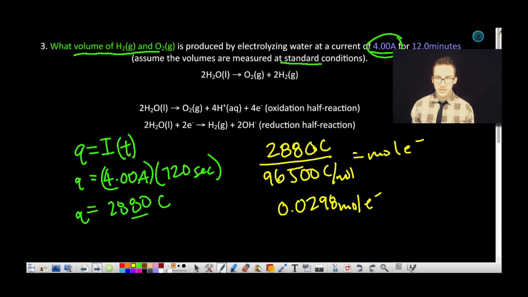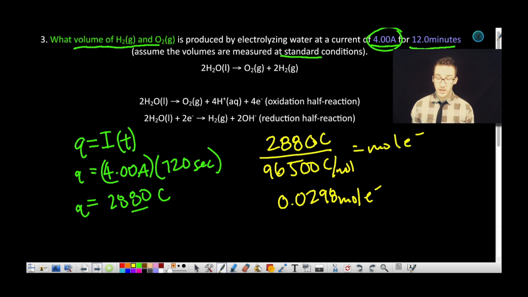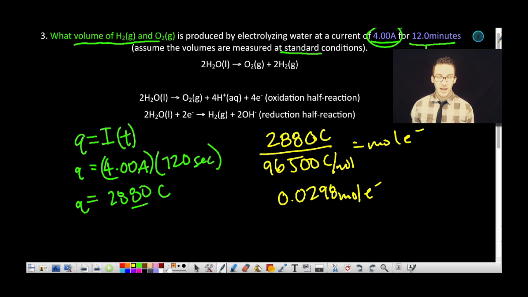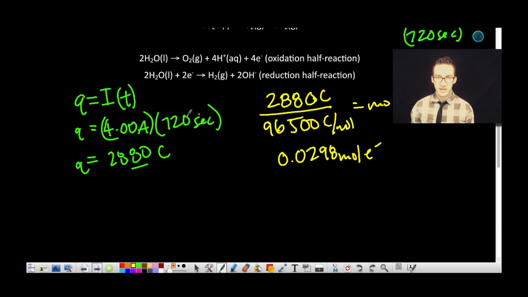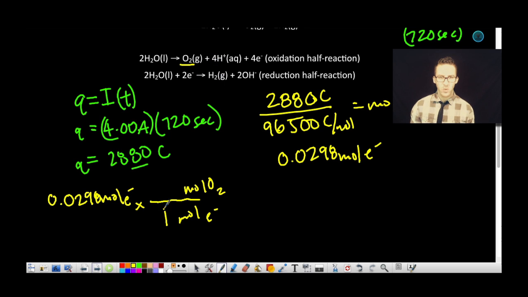All right, and the final thing we need to do then is relate that number of moles of electrons that have been transferred to the oxidation and reduction half reactions to determine the volumes of our hydrogen and oxygen gases that were produced. So if we take a quick look here, if 0.0298 moles of electrons were transferred, for determining volume of oxygen, for every 4 moles of electrons lost, we're going to form 1 mole of oxygen gas.